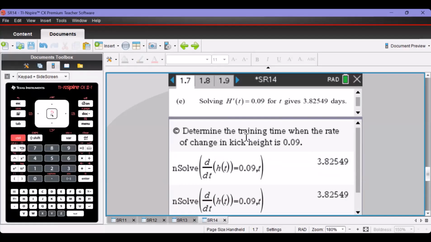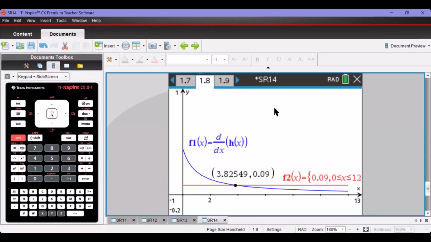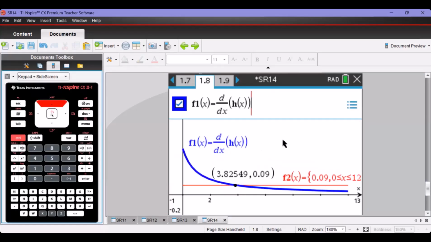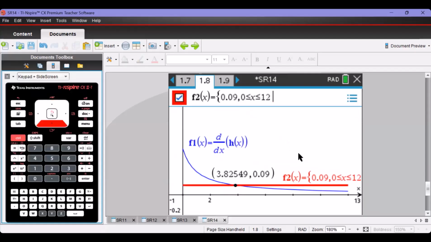So on a graphs page, this illustrates the finished product. In f1 of x, because we've got h of t already defined, h dashed of t in terms of this graph page is represented by d by dx of h of x, and f2 of x is that horizontal line, y equals 0.09.